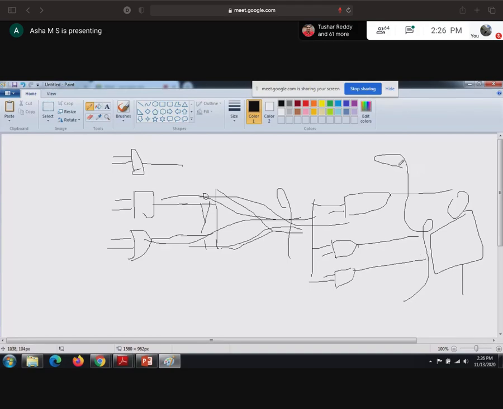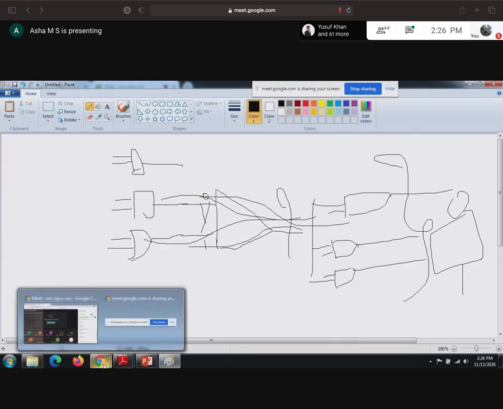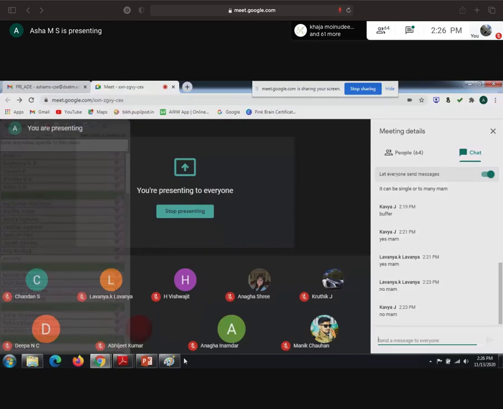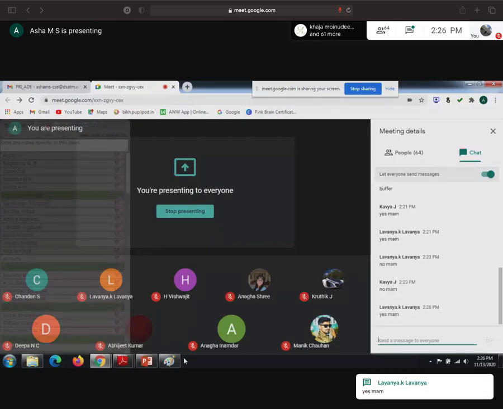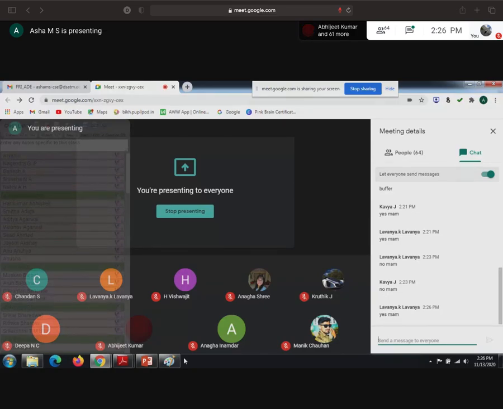To solve all these problems, we are going to use three-state buffers. Are you clear why we use three-state buffers? When the outputs of two gates are connected together, the circuit will be in a confusion state whether to take the output 0 of one gate or the output 1 as the input of the second circuit.